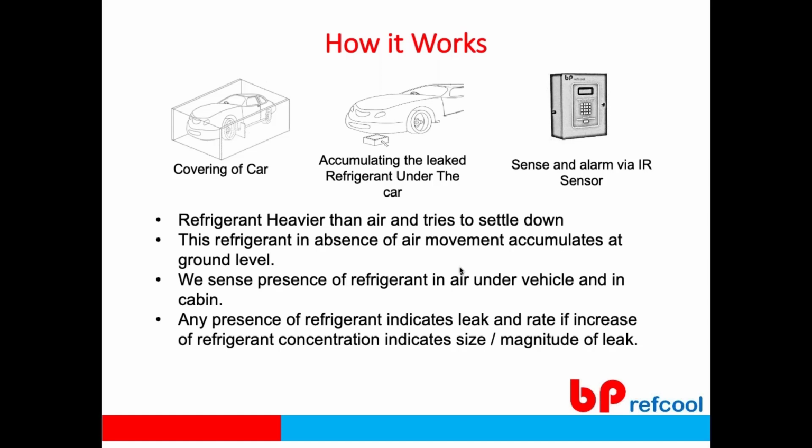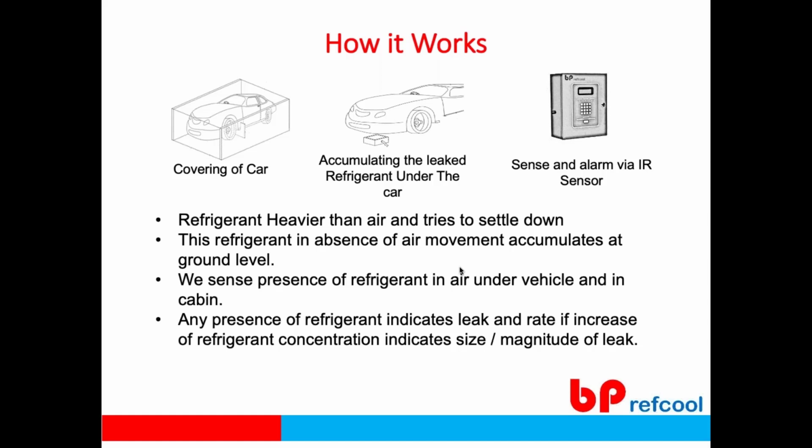Then we also have a leak sensor which is under the car. What you see on the right hand side is a sensor technology which tells you how much refrigerant, say 134A or 1234YF, in ppm is present in air.